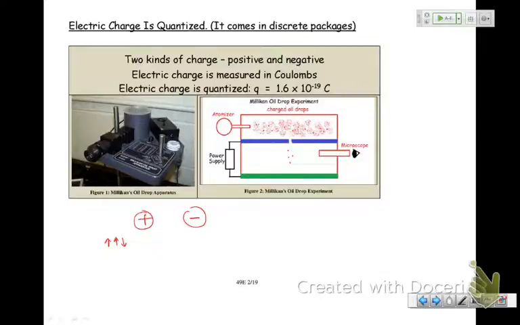But they do, even though they're different things. What they found was when they had opposite charges, they attracted. When they had similar charges, they repelled. It didn't matter whether they were similar positives or similar negatives, they repelled.